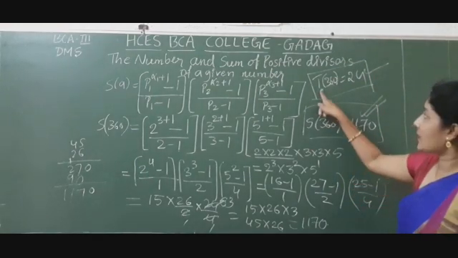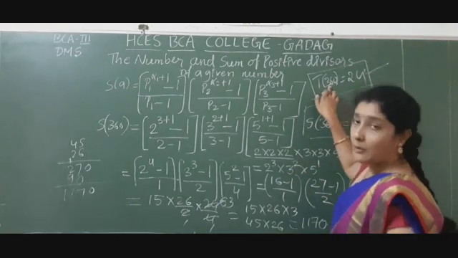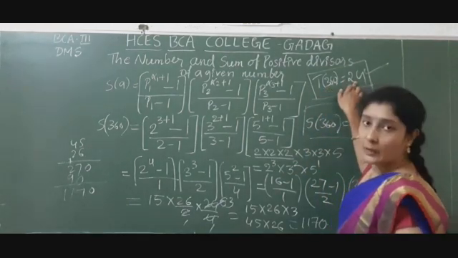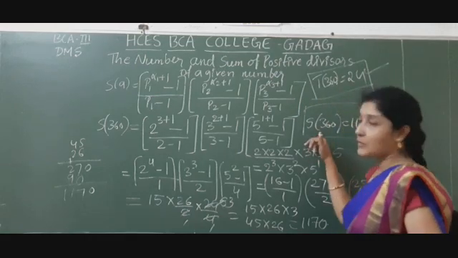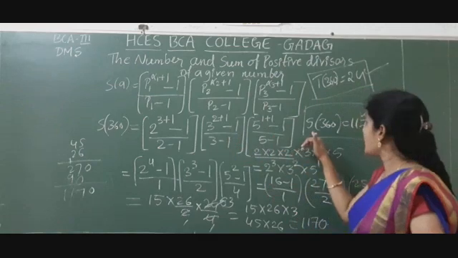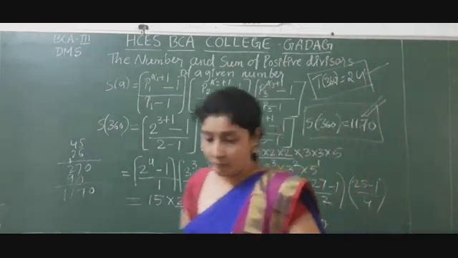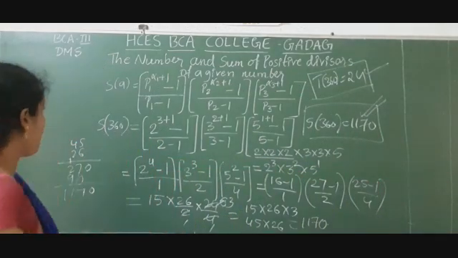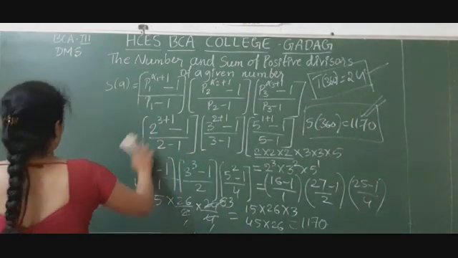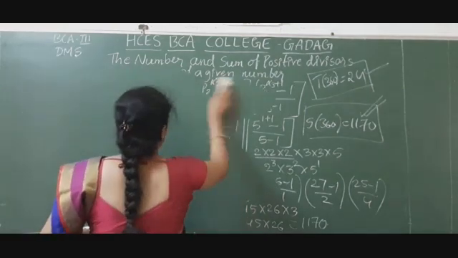The first part is nothing but the total number of divisors, that is nothing but 24, and next we are supposed to calculate the sum of all those positive divisors, which is nothing but 1170. Okay, now the same calculation we do by taking another number.